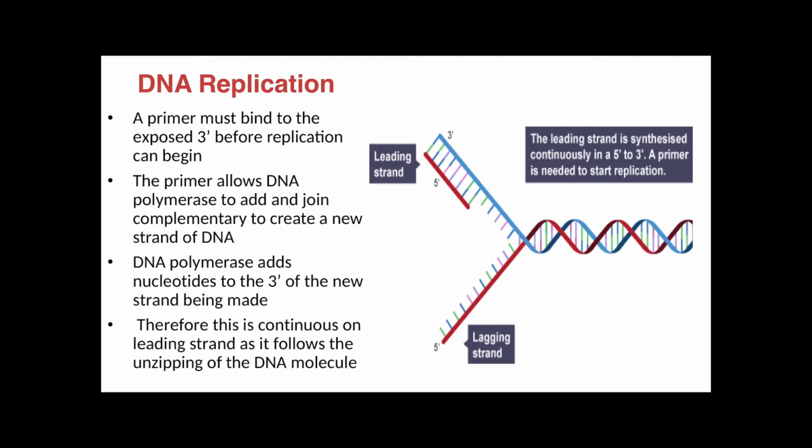As we said before, the DNA polymerase is working from 3 to 5. Because the new strand it's making is anti-parallel, you can say that DNA polymerase always adds nucleotides to the 3' end of the new strand being made. And because of this, it works in a continuous fashion on the leading strand, following the replication fork, left to right, up the molecule.